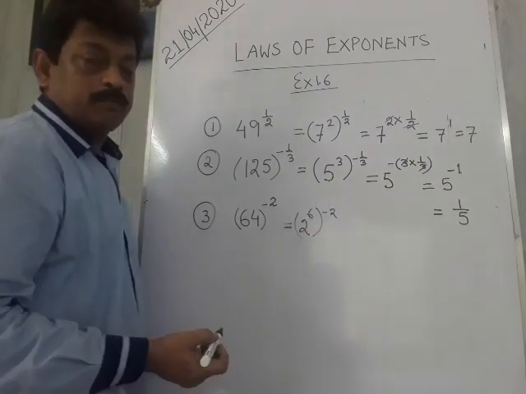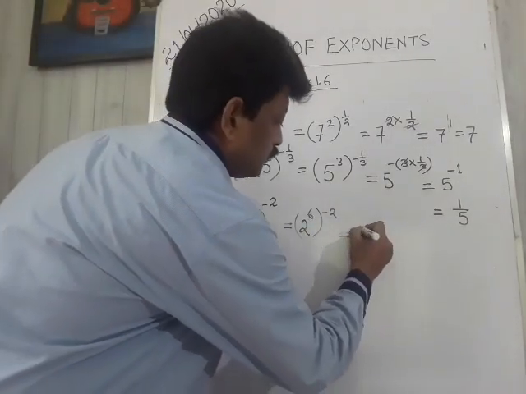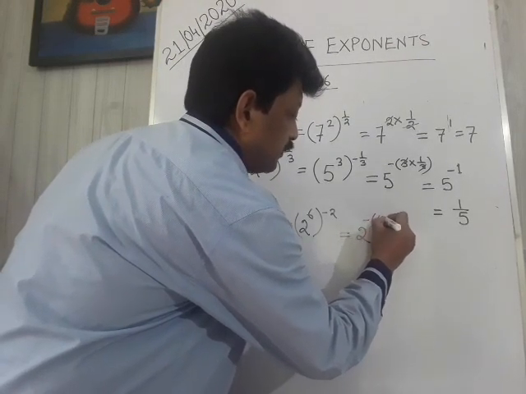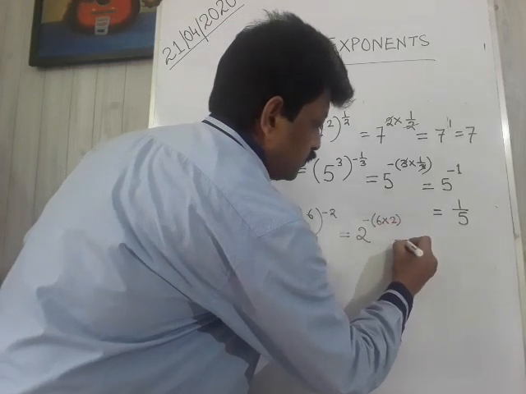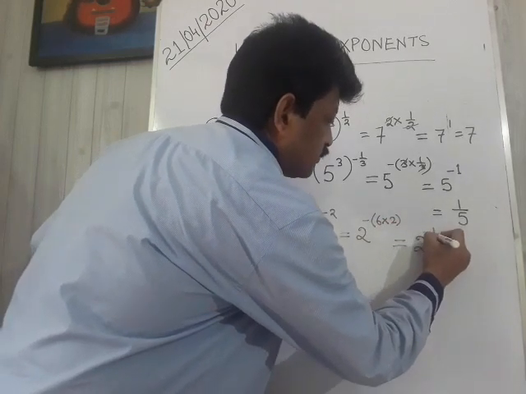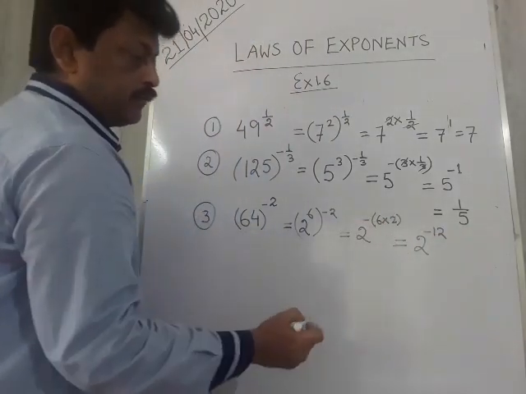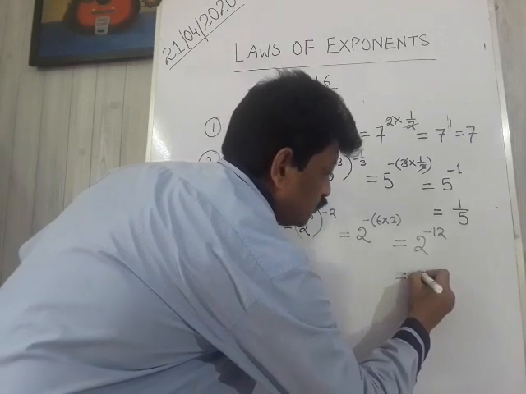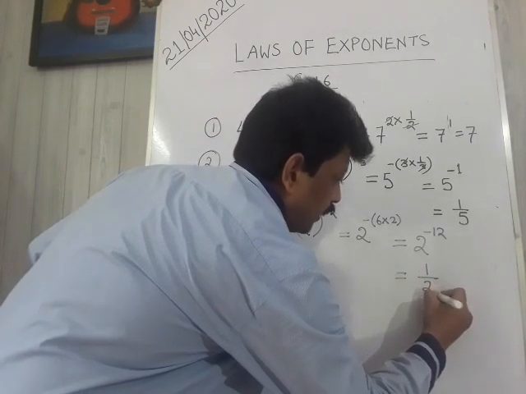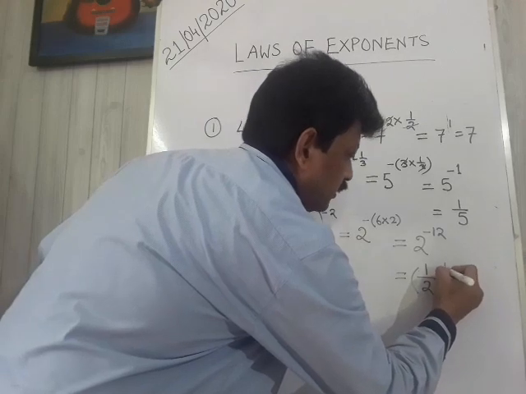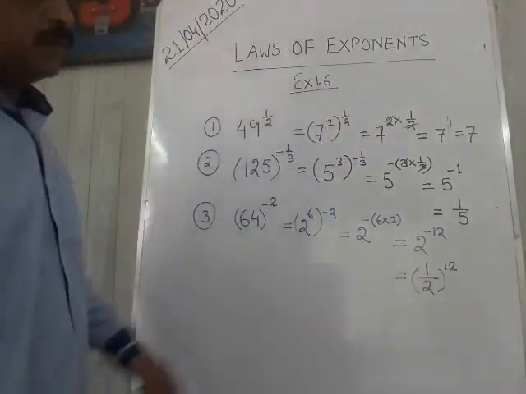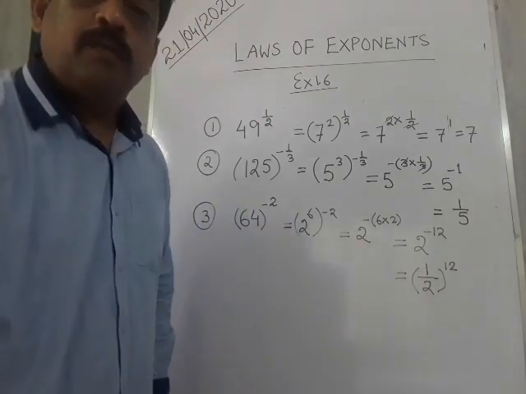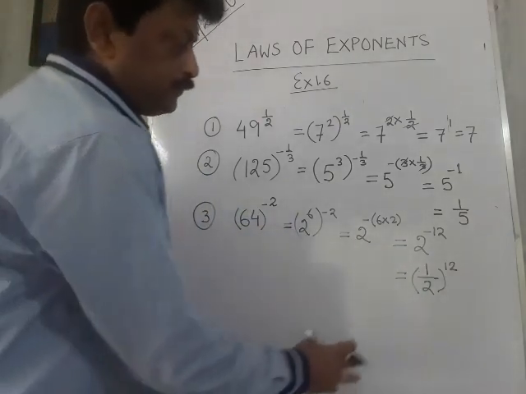These 2 powers will be multiplied. So 2 power 6 into minus 2 is minus 12. So it can be written as 2 power minus 12. Now since the power is negative, the number will become reciprocal. So I have to write like this: 1 upon 2, and the power will be plus 12 now. Since the negative sign is there, the number is becoming reciprocal and the power is becoming positive.